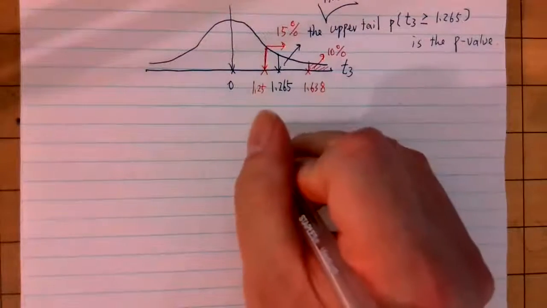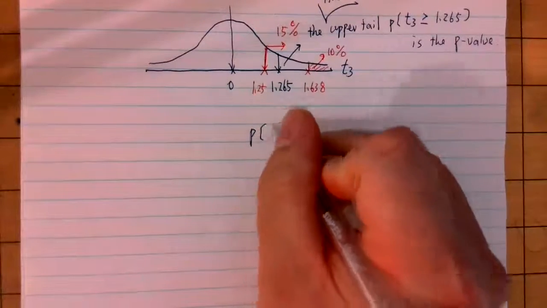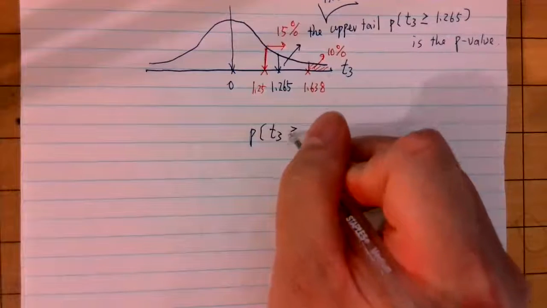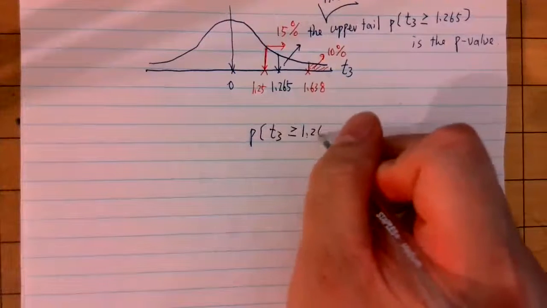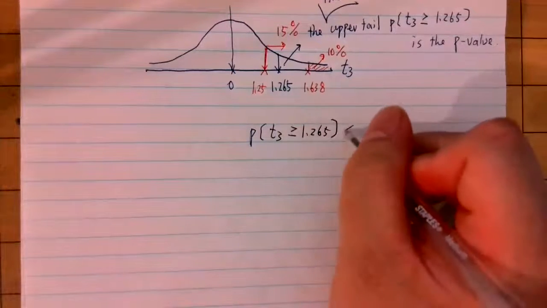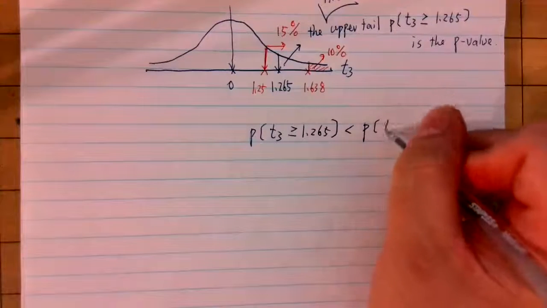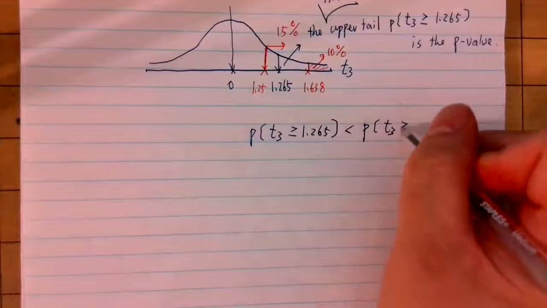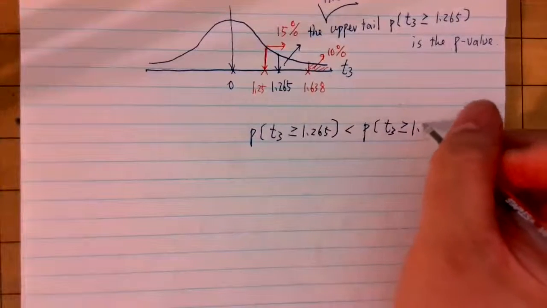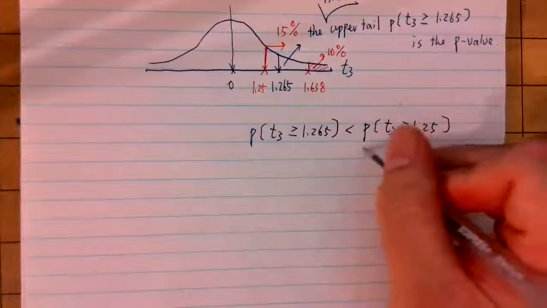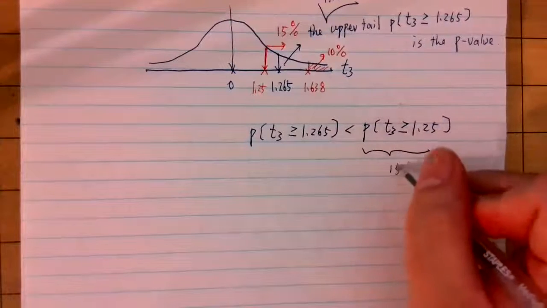So that means the probability that T3 is greater or equal to 1.265 is smaller than the probability that T3 is greater or equal to 1.25. From the table, this one is 15%.